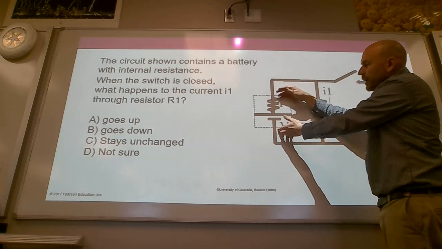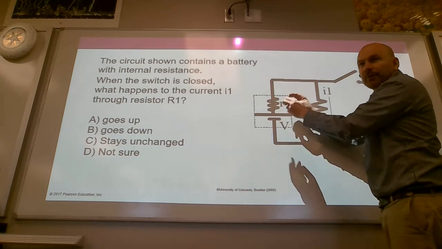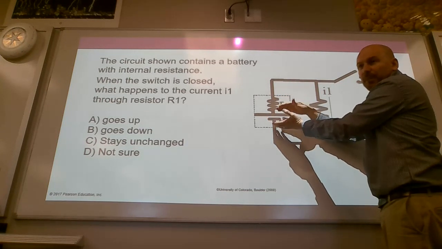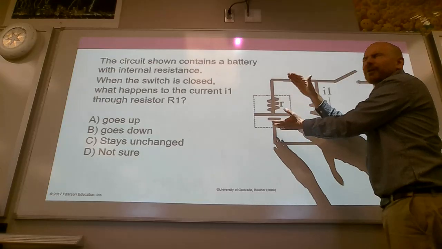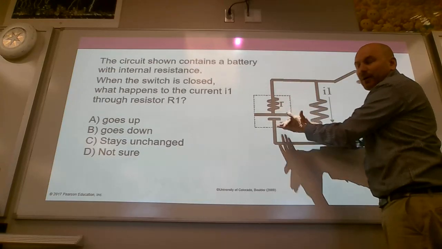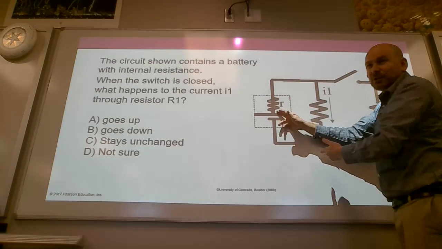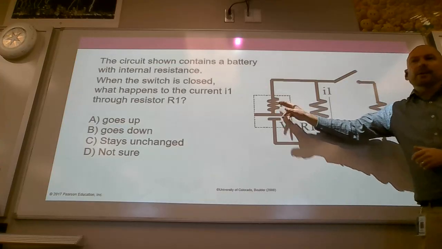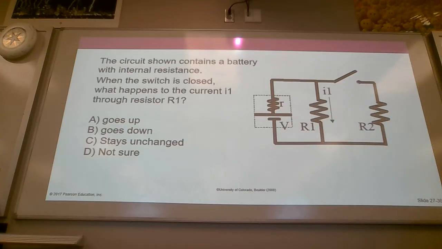The more current that's drawn out, the smaller the voltage on a perfect battery will be. Does that make sense? So I would not necessarily go there, because that kind of means there's a fixed value of voltage. In all these problems, we assume the wires are zero resistance unless otherwise specified. Yes. Yep.